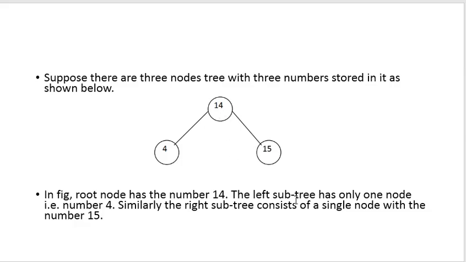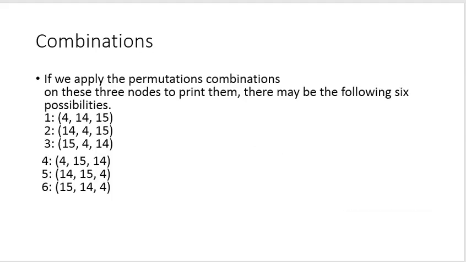The left subtree has only one node, number 4, and similarly the right subtree consists of a single node with the number 15. So we have a single node at left and a single node at right, and 14 is our root. If we apply permutations and combinations on these three nodes to print them, there may be the following 6 possibilities.